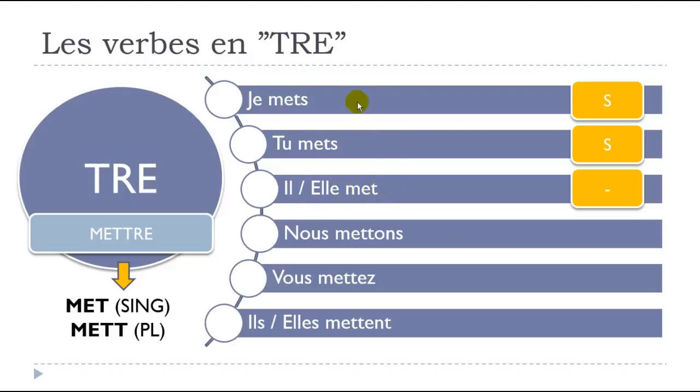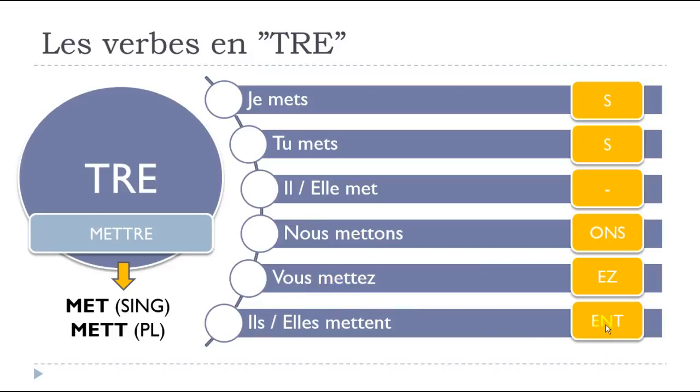Keep in mind that phonetically you pronounce them the same here: mais. Then for nous, you put the ending ONS, but keep in mind that the stem is different, METT. For vous, EZ, same thing, same stem here, and then ENT for ils and elles.